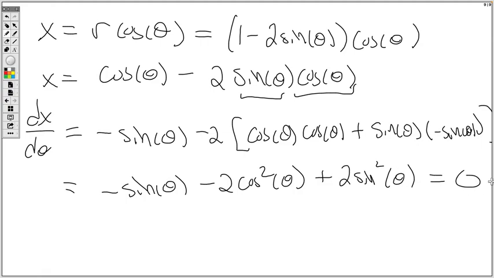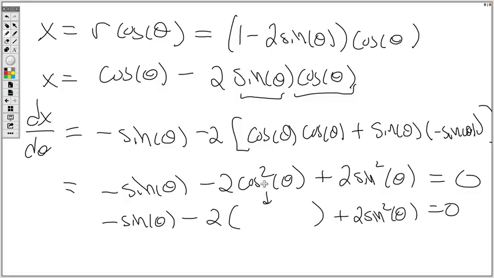And if I'm going to set this equal to 0, I got to get everything in terms of either sines or cosines. You follow? So what can I do? How can I exchange cosine squareds to sine squareds? Cosine squared is what?